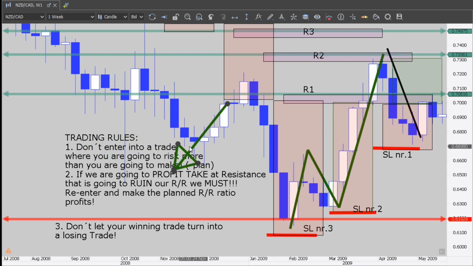If we are going to profit take at resistance, that is going to ruin our risk reward. So everybody in here who entered into a trade and chose stop loss number 2 and stop loss number 3 and profit take at number 2 or even profit take at number 3, you need to re-enter, everybody, and make the planned risk reward ratio profits.